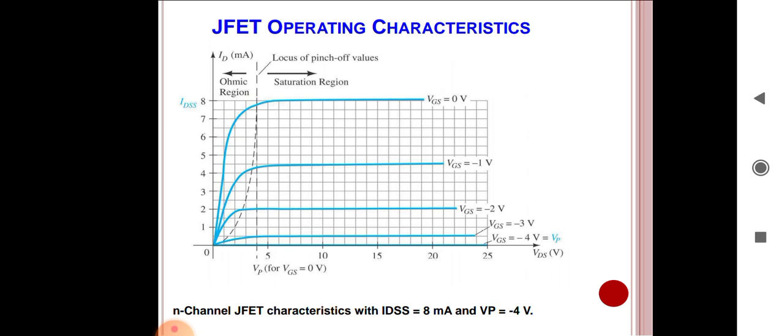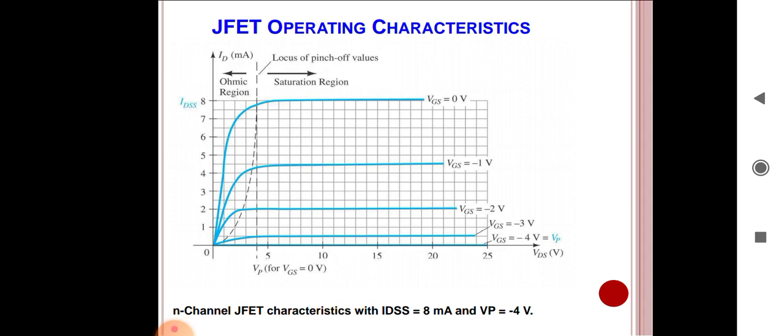You can see that initially if we increase drain to source voltage, then ID also increases with VDS, which is called the ohmic region, where ID and VDS increase linearly. Then the saturation region, where ID achieves its maximum peak value and settles there, which is called the saturation region, or we can say the pinch off.